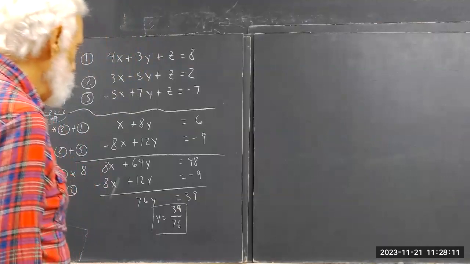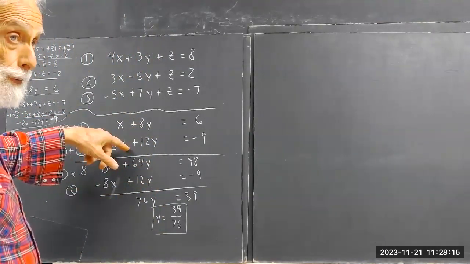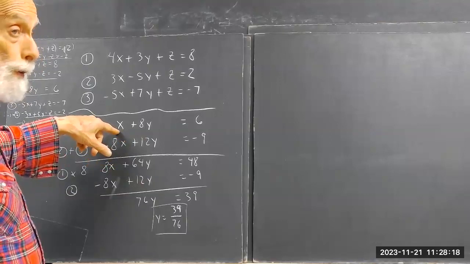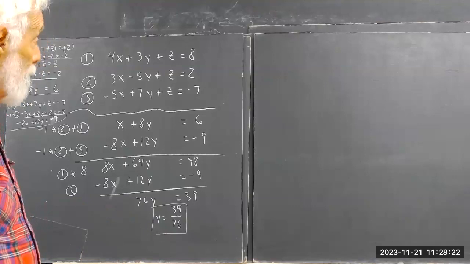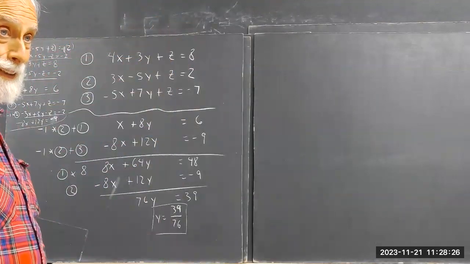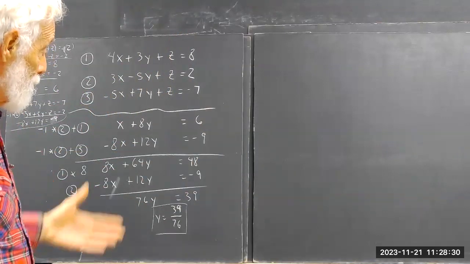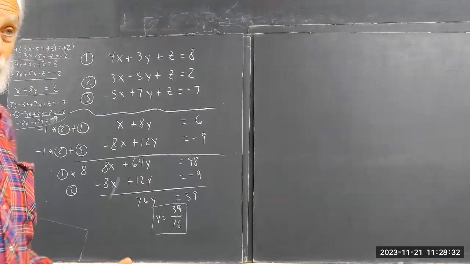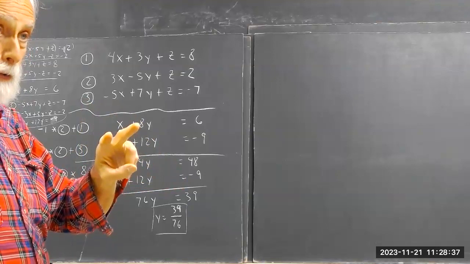And now what we have to do is back substitute this into one of these 2 equations and get a solution for x, which will be another ugly fraction. And then substitute both of those into any one of the first 3 equations and get an even uglier fraction. Okay? So I'm assuming we know how to do that because we've been over that in some detail with systems of 2 equations.